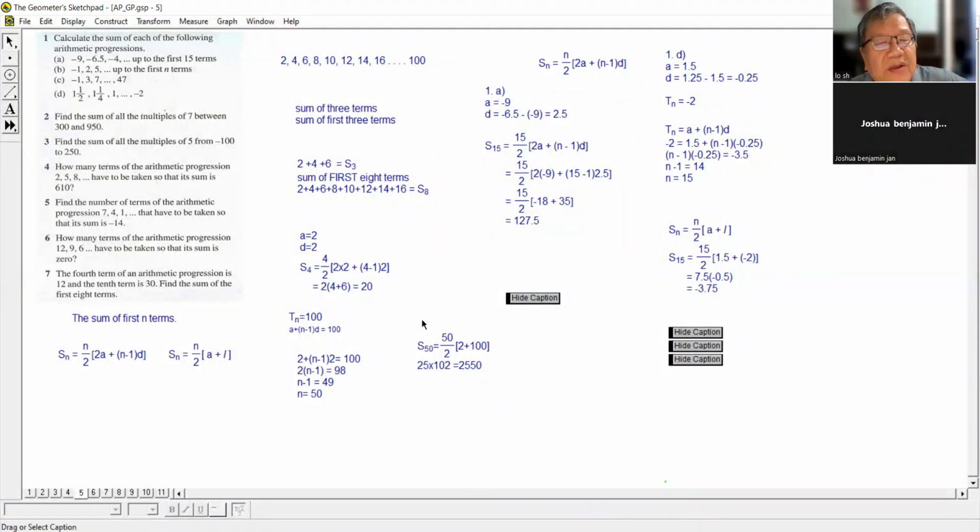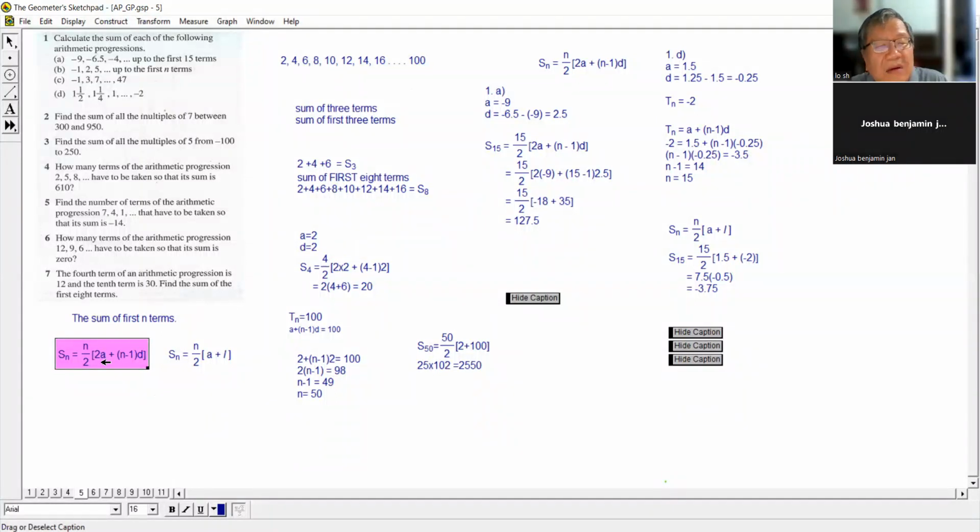Okay, right. So this is the sum. We look at examples. But in order to make use of this formula, there are several variables that you need to know.